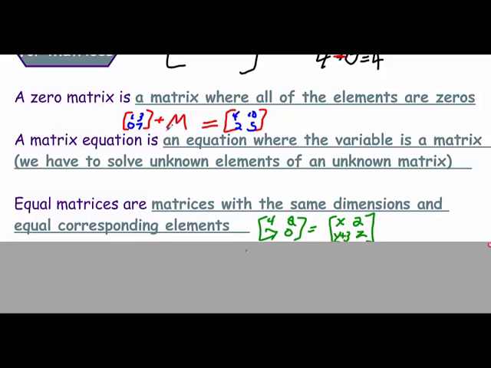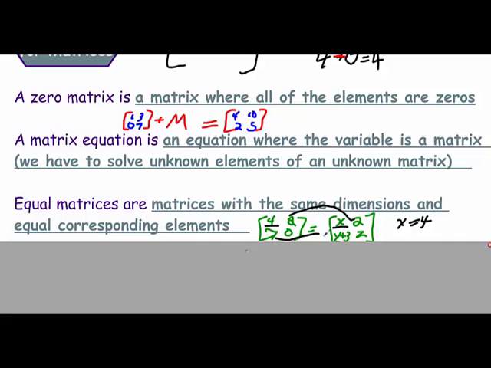So by knowing that equal matrices are the same, what we have in position 1, 1 has to be the same in the other one, position 1, 1. So x has to equal 4 in this equation. Here, 2 equals 2. We already know that. That's all set to go.